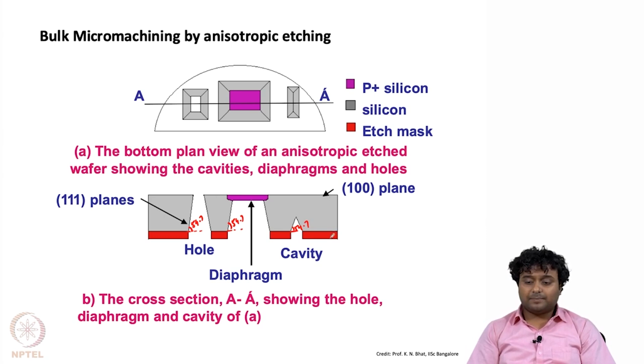So if we have, let us say, a 500 micron thick silicon wafer, then the boron-doped region can be like 50 or 100 nanometer, or even a little higher, let us say 100 or 200 nanometer. So in that region we get a very thin, nanometer to 1 micron thick membrane, which will not get etched.